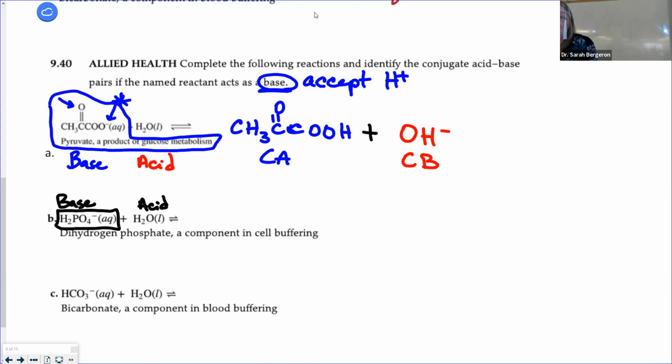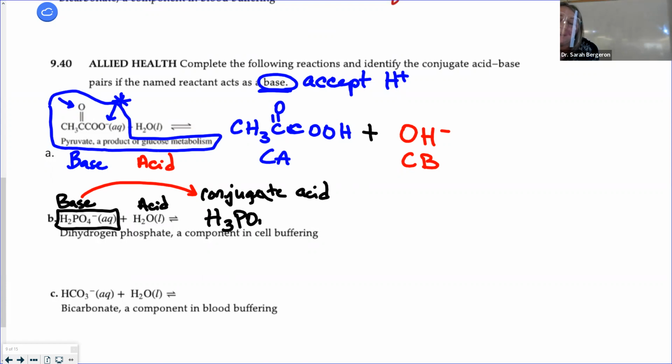Now I want to take my base and turn it into the conjugate acid. So how would I draw that? When I go from being a base to a conjugate acid, I'm going to accept a hydrogen. We had H2, so we need to accept a hydrogen. So H3PO4.